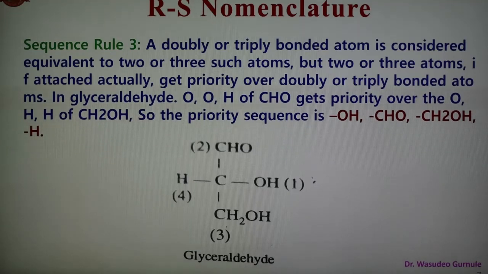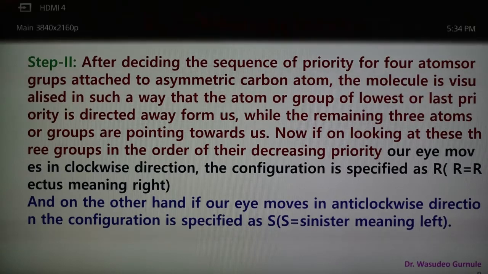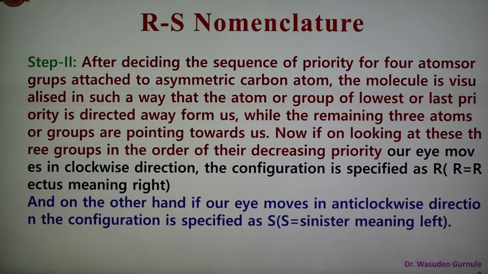So that is on the basis of sequence rules 1, 2, 3, and now step 2. After deciding the sequence priority of the 4 atoms or groups attached to the asymmetric carbon atom, the molecule is visualized in such a way that the atom or group of lowest or last priority is directed away from us, while the remaining 3 atoms or groups are pointing toward us. So the 3 atoms of priority 1, 2, 3 are directed toward us, and the last priority, number 4, is away from us.